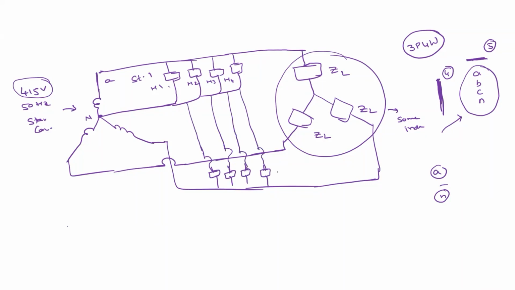This is street 2. Similarly, street 3. It will be like this. I'm drawing only 2; you assume this is also 4. This is for the 3rd street.